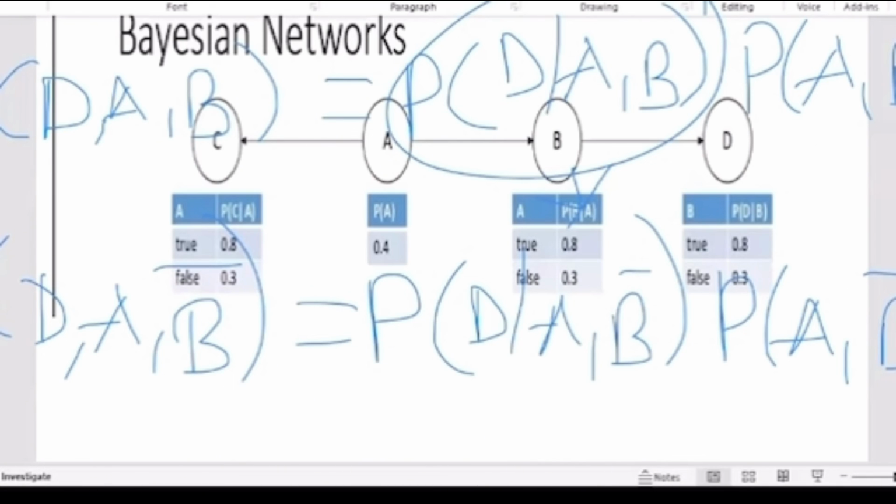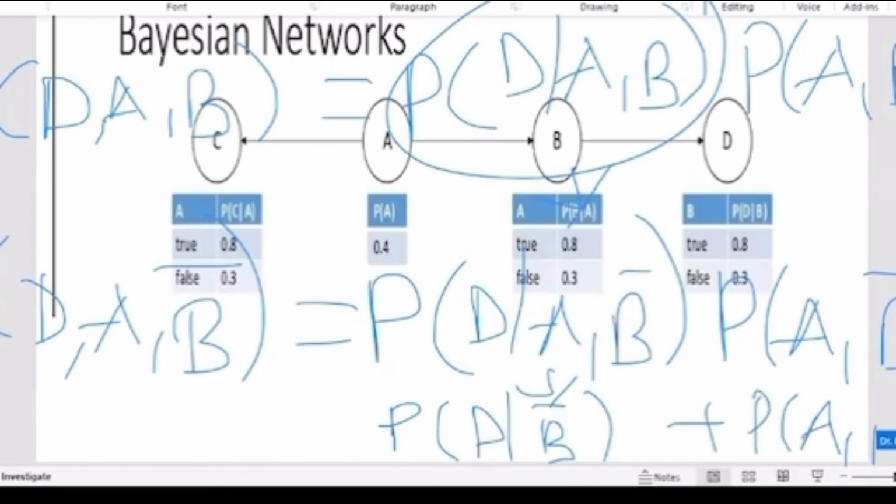According to the structure, what is the direct parent of D? B. So this will be written as probability of D given B complement, multiplied by the probability of A, comma B complement, and the same thing here, the probability of D given B multiplied by probability of A, comma B. Look at that. That's what I'm going to have.